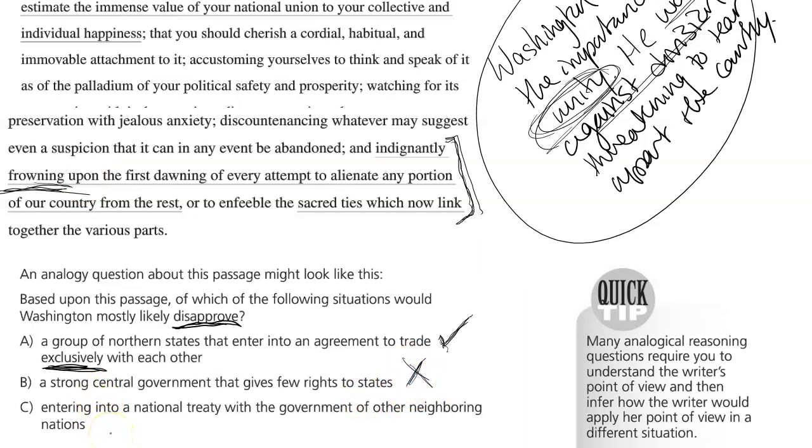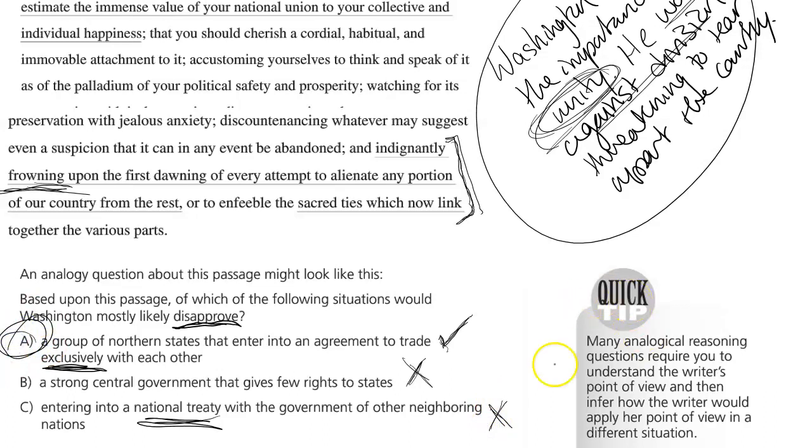And then C, entering into a national treaty with the government of other neighboring nations. A national treaty here is kind of like, oh, we're in talks and we're making these decisions together, and it kind of gets back at that unity piece. So I definitely think he's going to agree with this, so I don't think this can be the answer. So A is our very best answer.